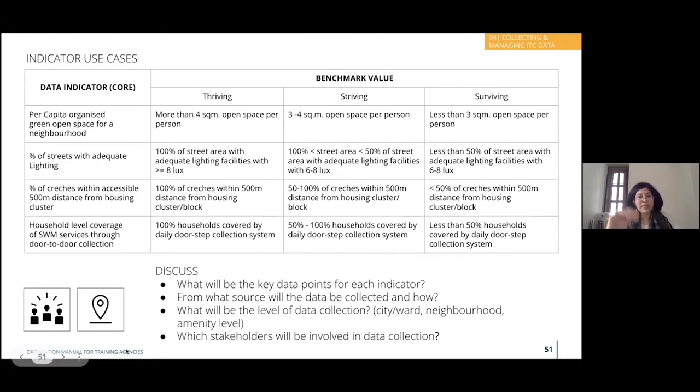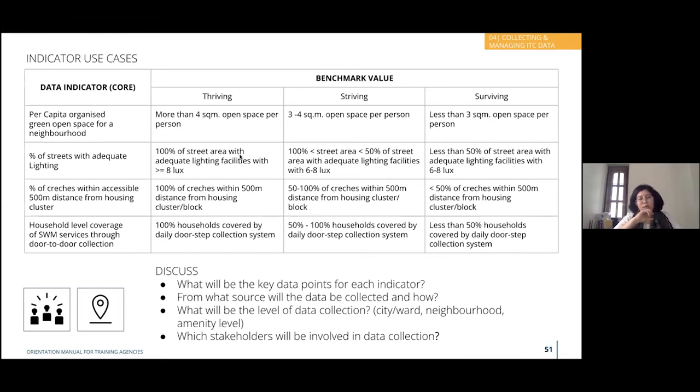Second, where will this data come from, so what is the source? Is it collated from a secondary source? Is it primary data? Third, at what level are we collecting this? Is this something that we're collecting at a very broad level or an amenity level? Who is the stakeholder involved in collecting this data, and also what methods will cities have to use to collect this data? So let's look at the first one: per capita organized green open space for a neighborhood.